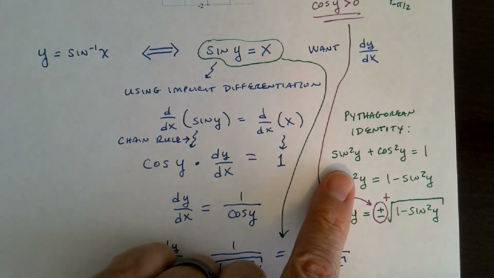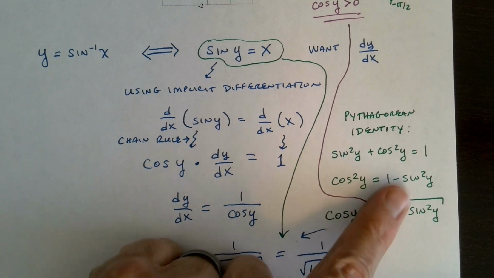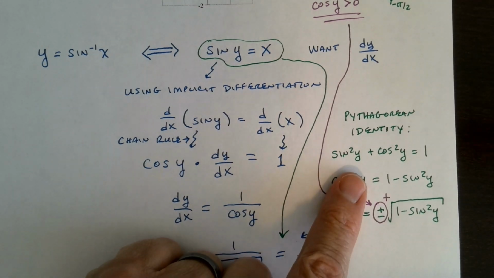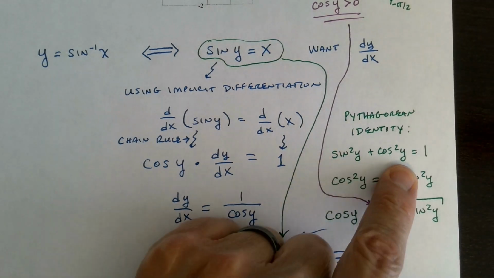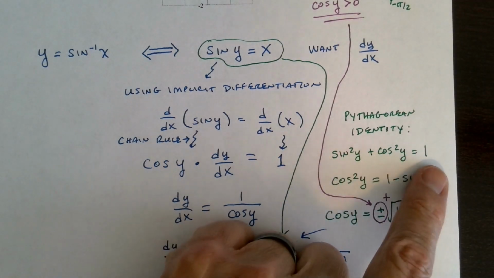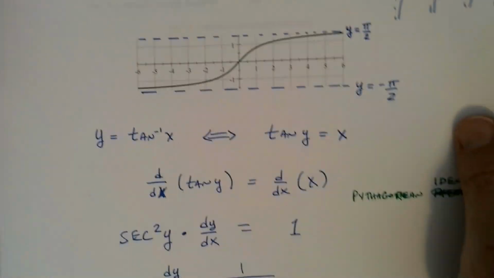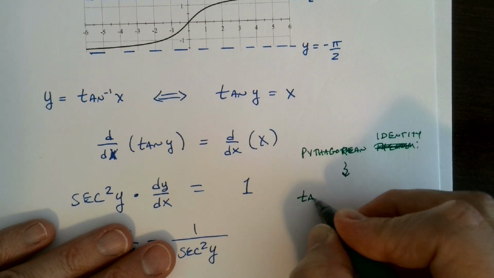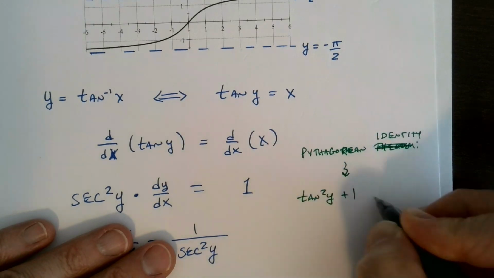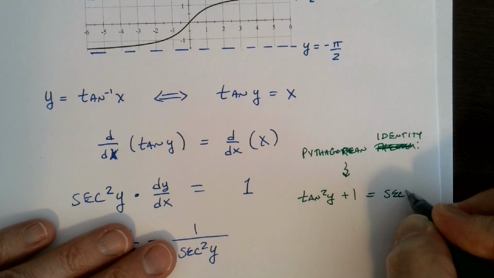But you can get the one I'm going to use if you divide both sides of this equation by cosine squared y. You get sine squared divided by cosine squared is tangent squared. Cosine squared divided by cosine squared is 1. And 1 divided by cosine squared y is secant squared. And so you should recall this one, which is tangent squared y plus 1 equals secant squared y.